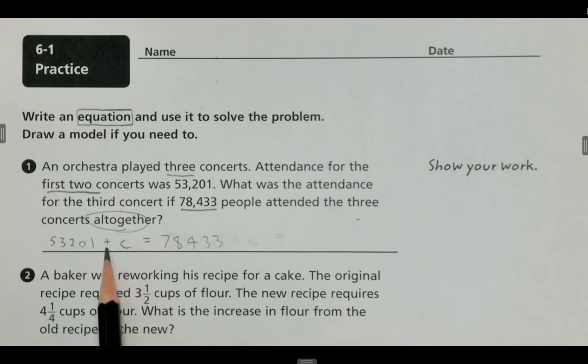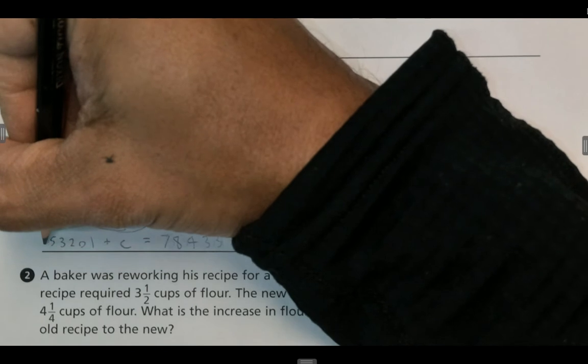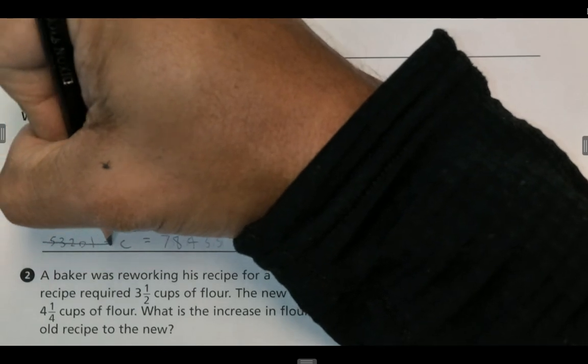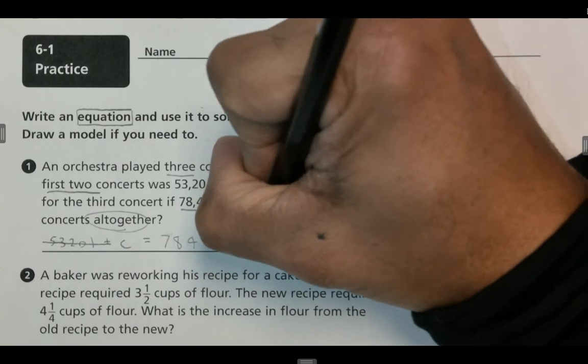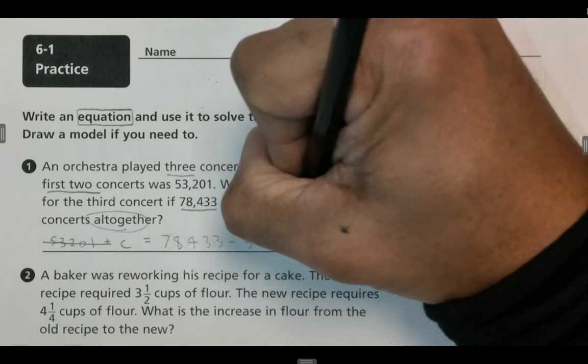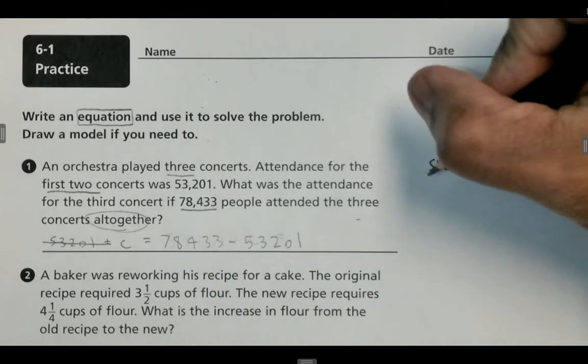Well, I've got to get rid of 53,201. How do I get rid of 53,201? I subtract it. So if I subtract 53,201 from this side, I've got to do the same to this side. I've got to subtract 53,201.